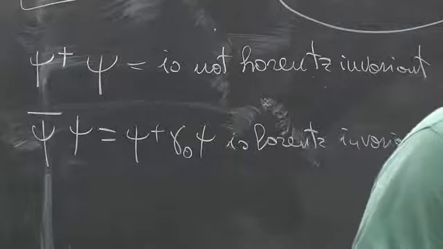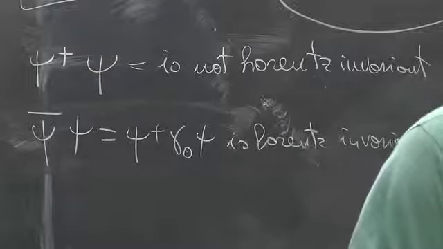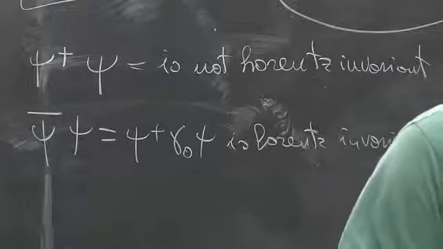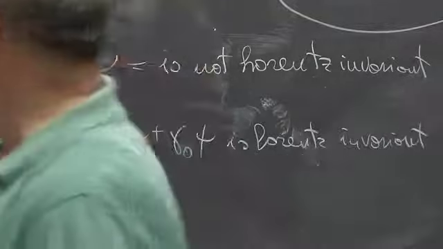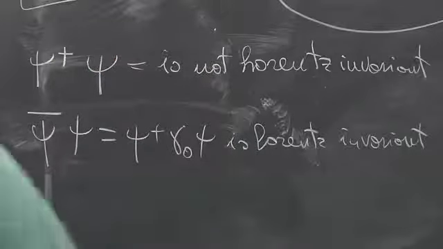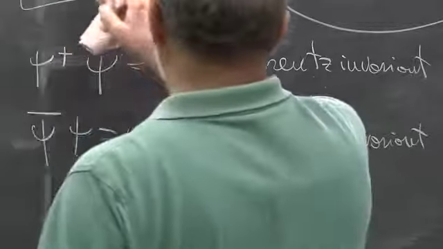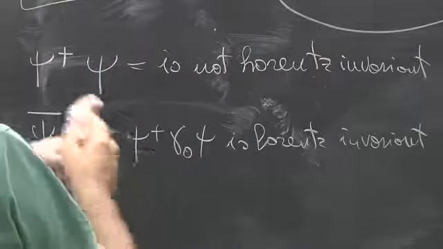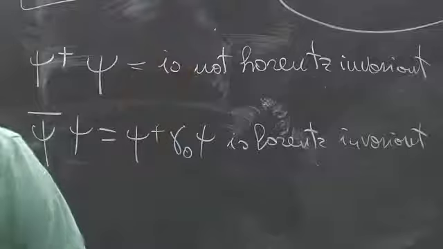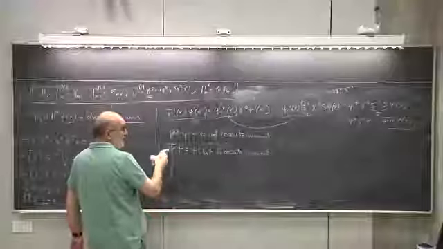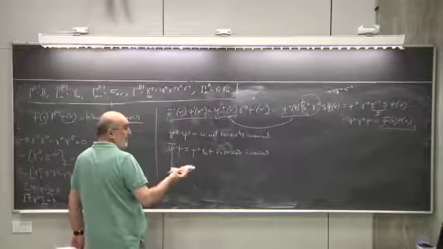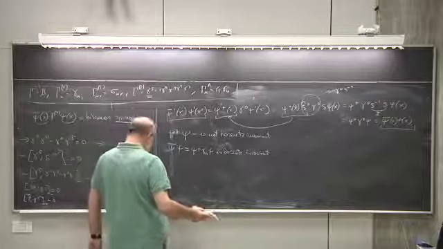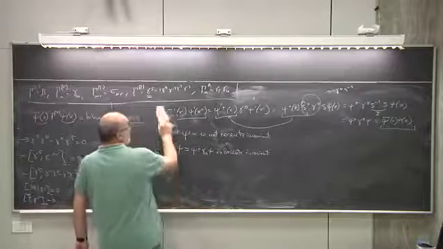Now let's see another object. That's another bilinear, the one with the gamma 5. So this we can say is Lorentz invariant, or is a scalar. Another equivalent way of saying it is that it does not change under Lorentz transformation.